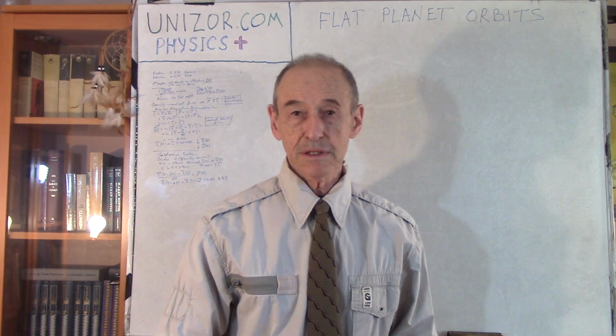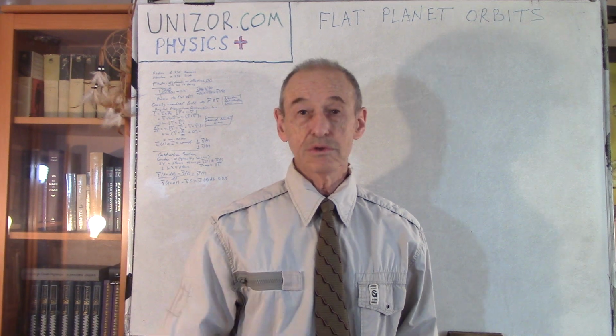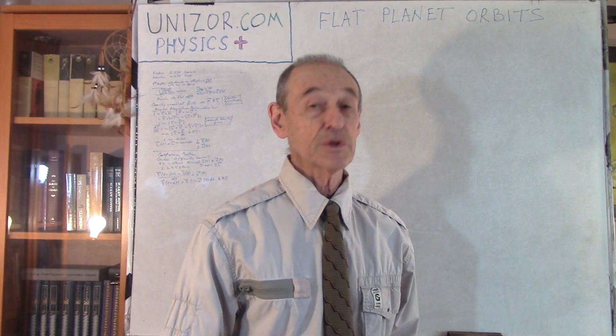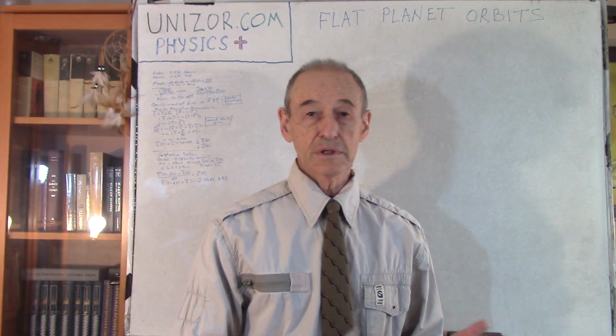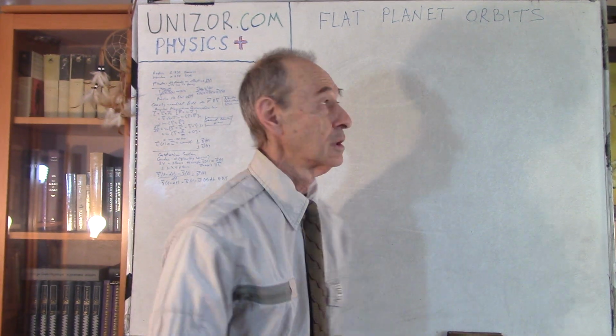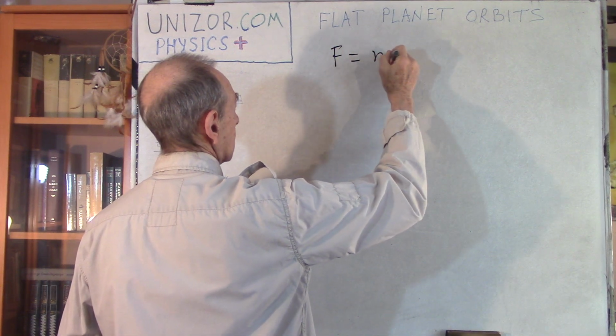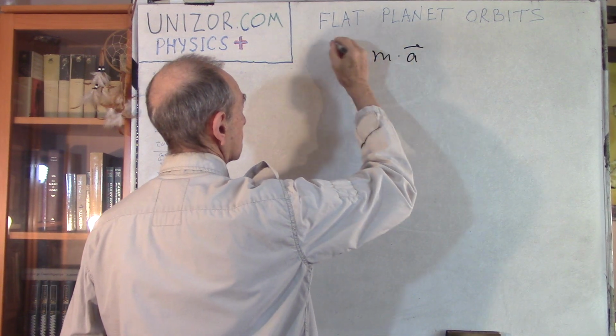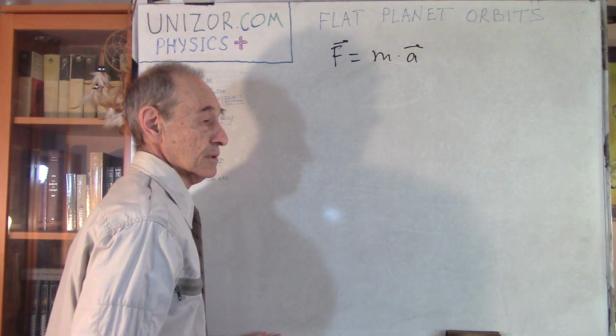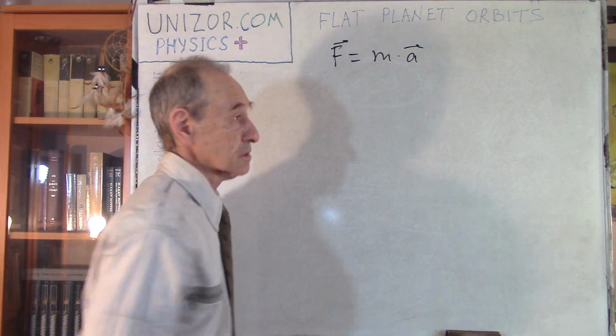But we will do basically the same thing based on Newton's laws. So most importantly, the second Newton's law. This is F is equal to m times a. Well, these are vectors, obviously, and vectors in three-dimensional space.